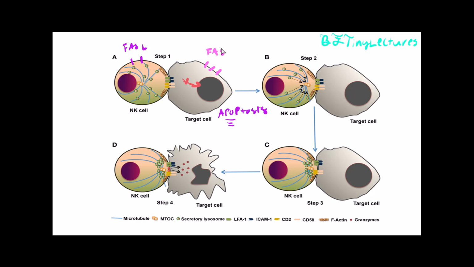So when you think of FAS and FAS-L, FAS ligand, you should think of apoptosis. So essentially the natural killer cell is going to bind to the FAS, and it's going to initiate self-destruction for that target cell. So eventually it starts doing its little signals. They have the signals congregating here, and eventually the target cell kind of dies.